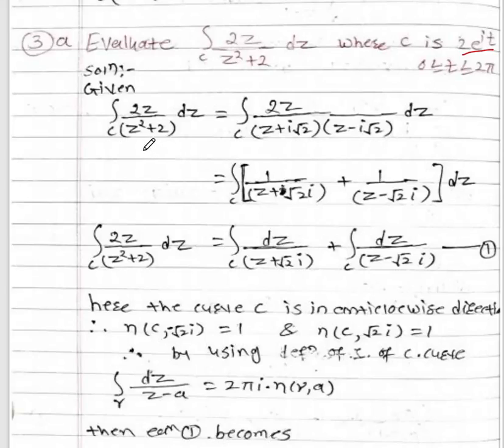So this can be written as z square minus under root minus z square, minus under root 2 square. So we can write in this way. If you solve this, this term can be written in this form.